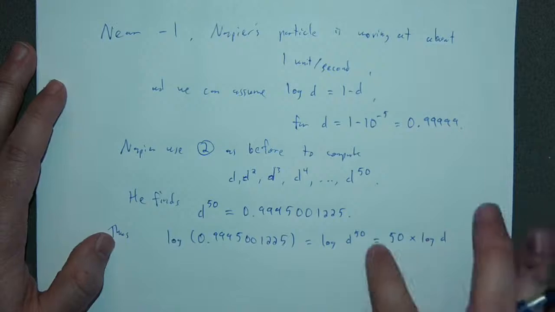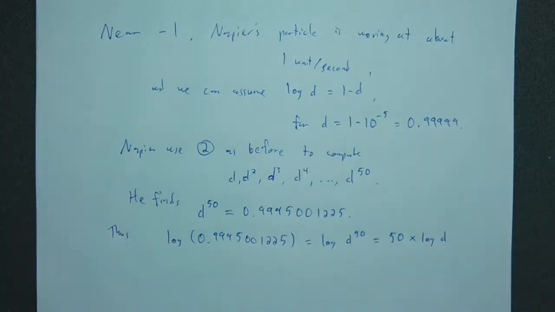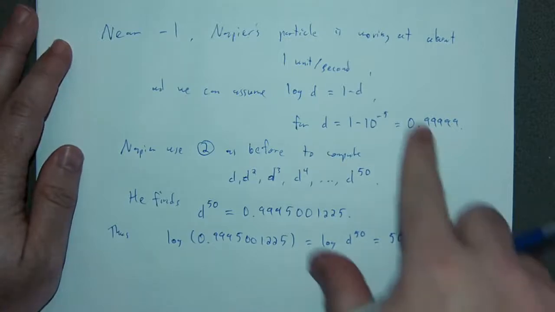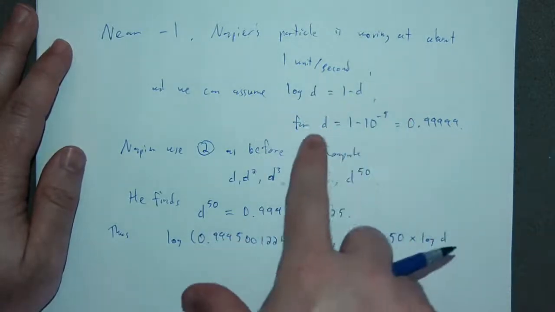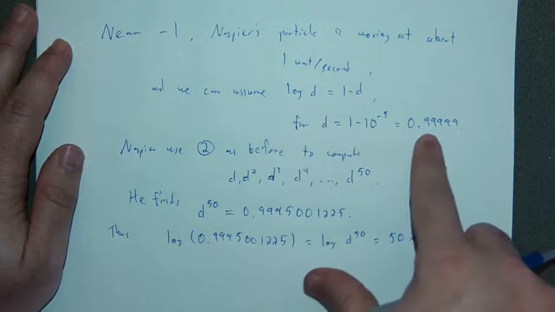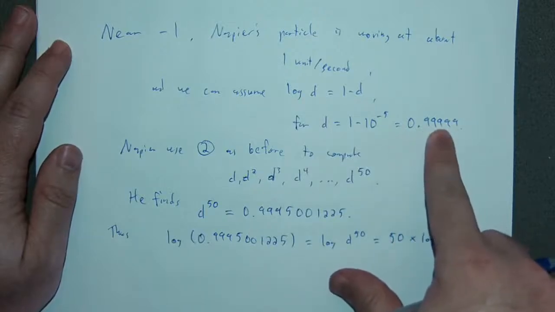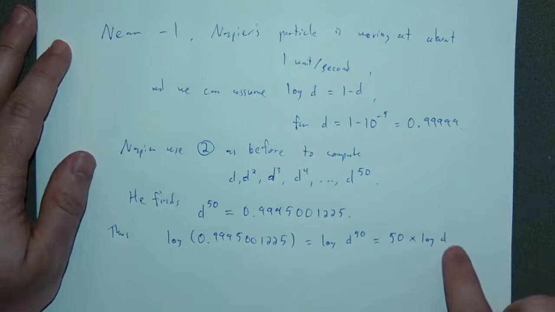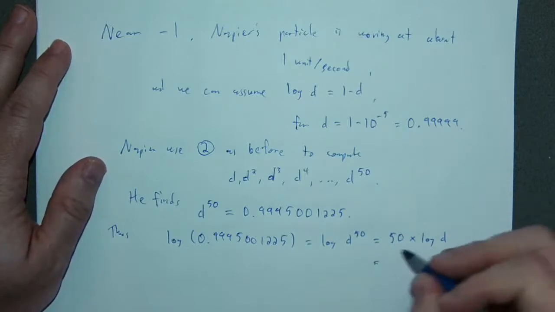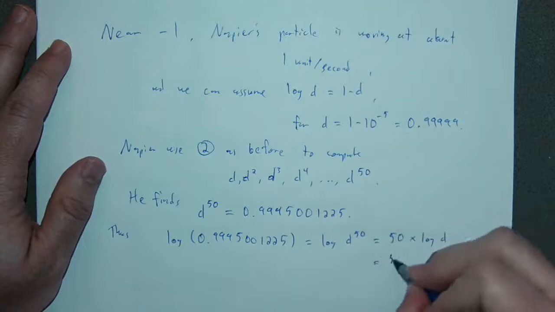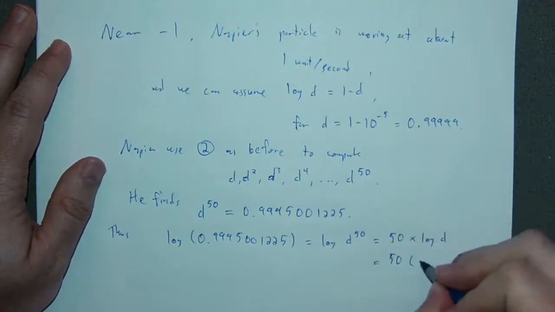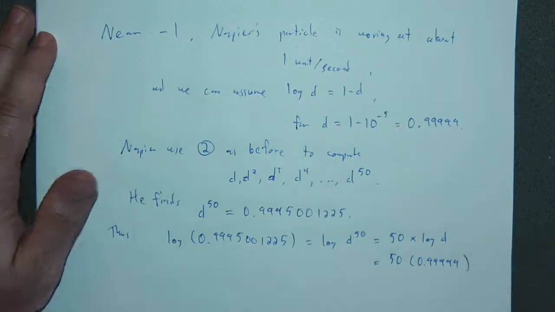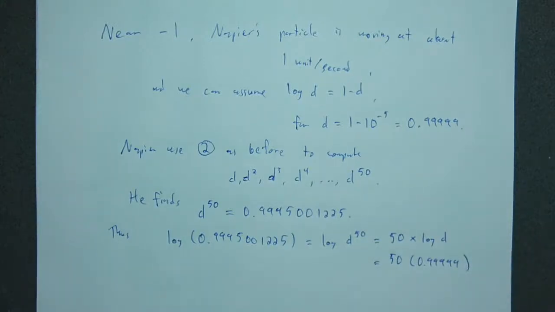This is one of the logarithm properties that you might remember. So log d, as we saw up here, is approximately 0.99999. So this is 50 times 0.99999.